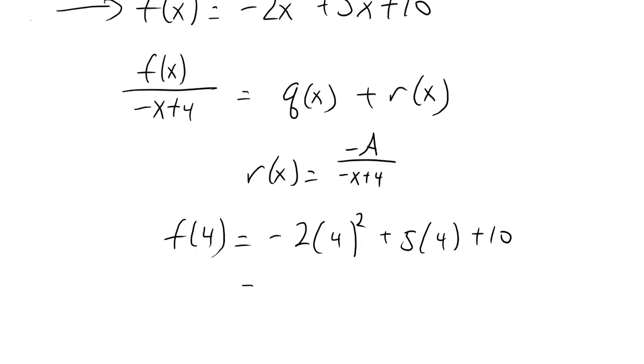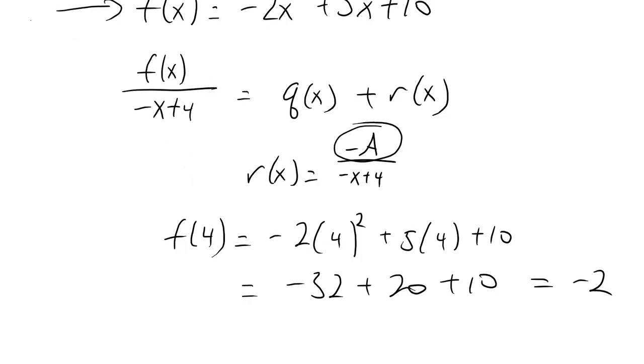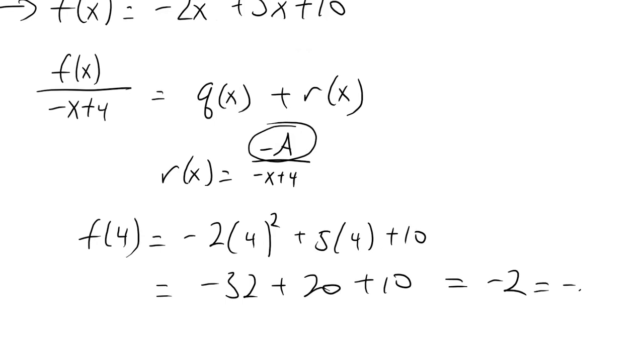This is minus 2 times 16, that's minus 32, plus 20, plus 10, which is minus 2. This gives us our minus a. So a is equal to 2, once again. This is the quickest way, in my opinion.